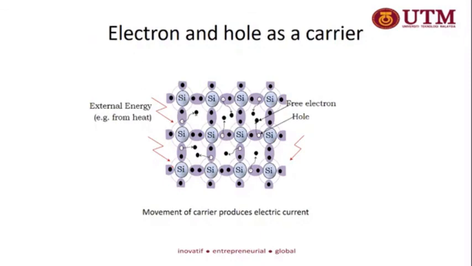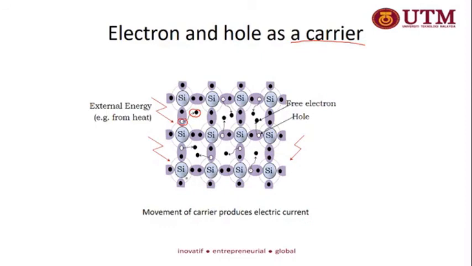This is the free electron and this is the hole. In electronic devices, we call the hole and electron a carrier, because they carry the electric signal. The movement of the carriers will produce electric current.